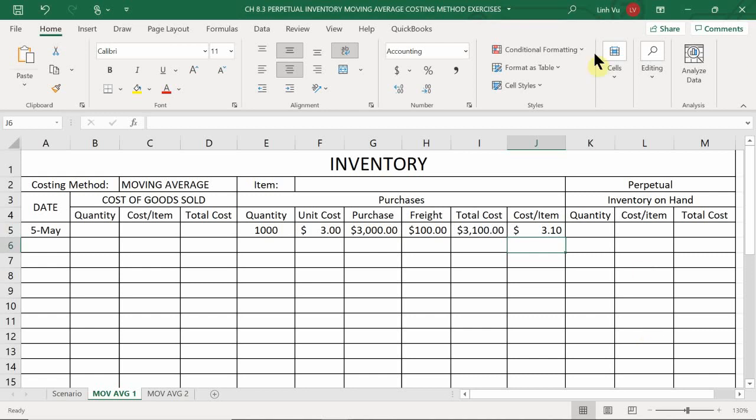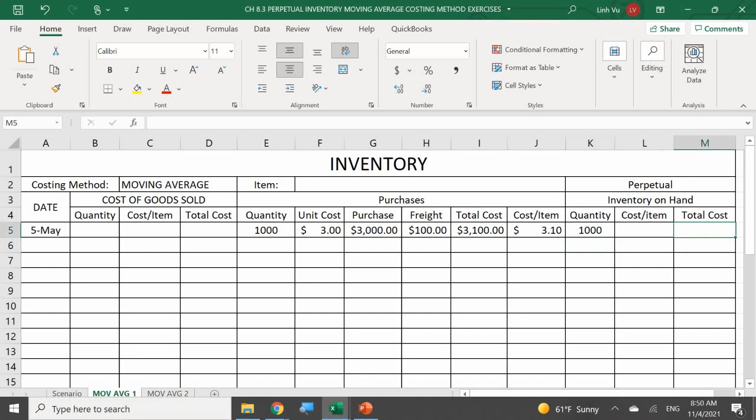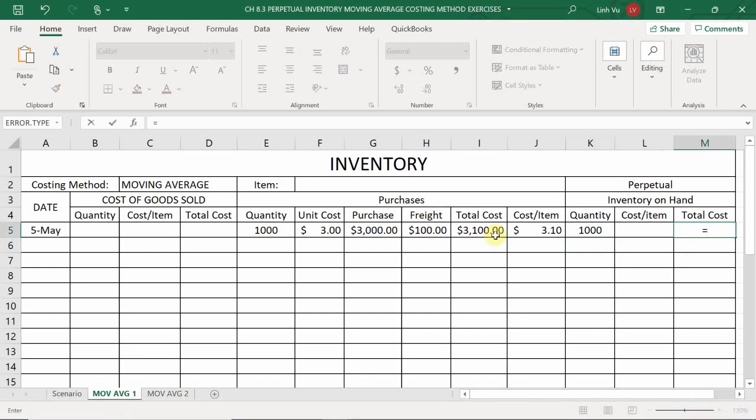So again, what I'm going to do is copy my information from my quantity. And instead of making my cost per item in here and then multiplying the two to get my total cost, I'm actually going to copy my total cost here, and do my formula in the cost per item.